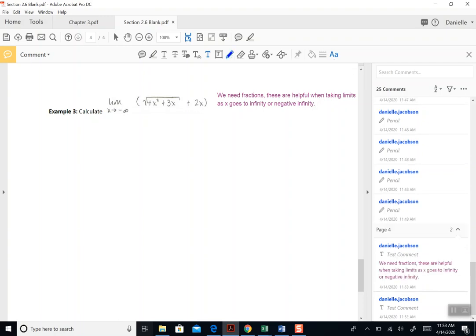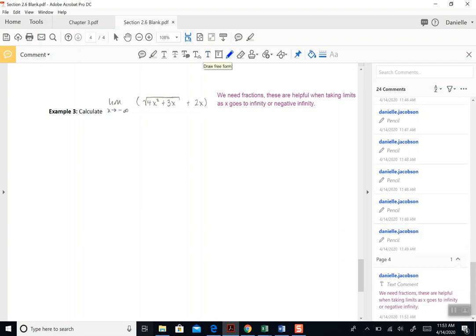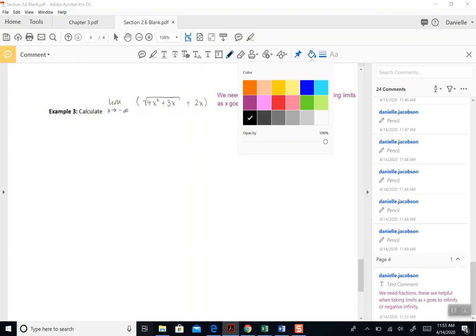Recall from section 2.3 that when you have this, it's oftentimes helpful to multiply by the conjugate, and you have to multiply by the conjugate in fraction form because then it's really just equal to 1 and you don't change your expression at all. So your goal right now is to write this in such a way that you're not changing the expression, you're not changing what you're working with, but you're making it look easier for yourself to work with, or making it look in such a way that you can work with it.